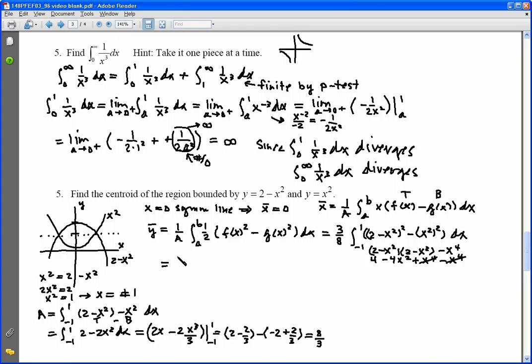So this is going to equal 3/8, and then integral -1 to 1, 4 minus 4x squared dx. And that's not a bad antiderivative, so this is 4, whoops, you needed 3/8 out in front. And then this will be 4x minus 4, antiderivative x squared is x cubed over 3. And then we are going -1 to 1.